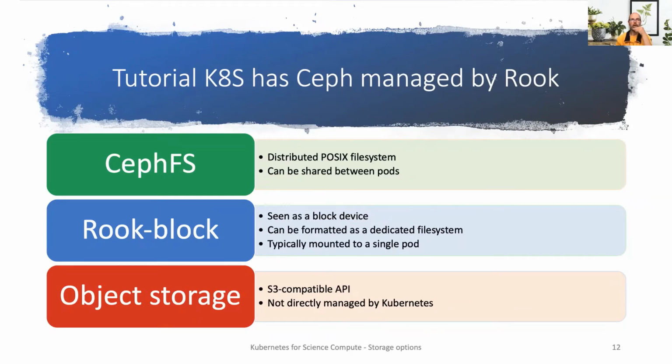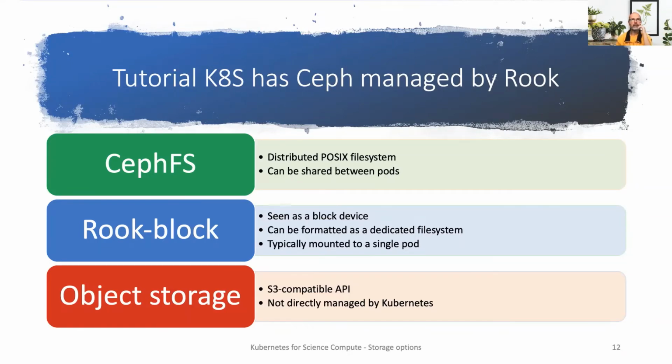There is Rook Block, which allows you to allocate some of the storage as a block device, and then you do whatever you want with it. If it's a database, you will probably use raw access. You can format it as a normal POSIX file system, but it will be limited. You will only be able to mount it in a single pod, because it's a block device that you can assign to one pod at a time.